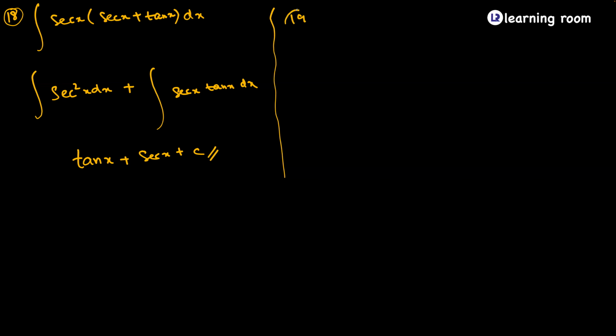Now, the 19th one says integral of secant square x divided by cosecant square x. Here we don't have an option to directly integrate it. Remember, secant square x is 1 by cos square x, and cosecant square x is 1 by sin square x.